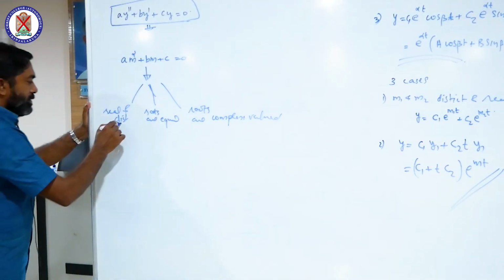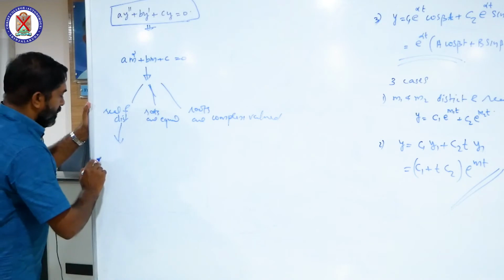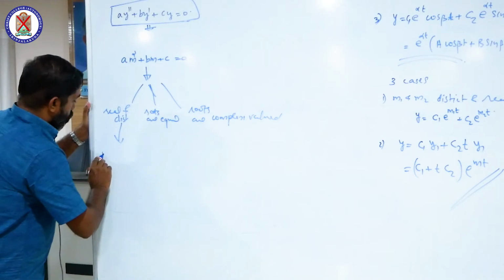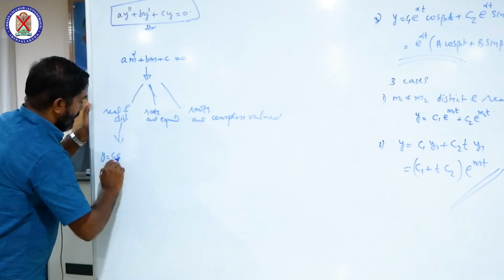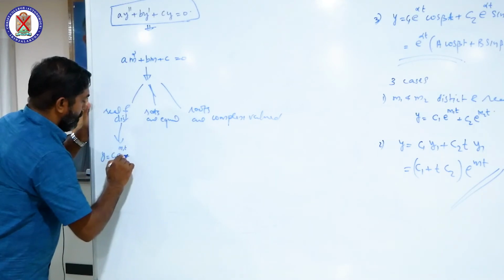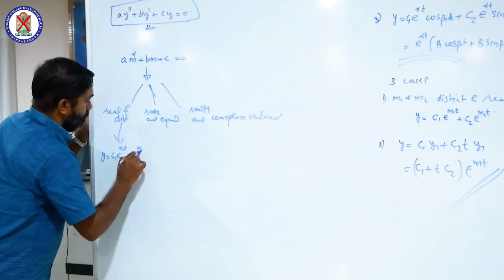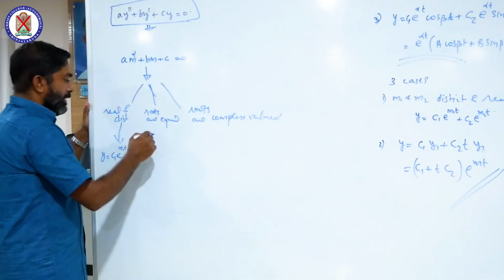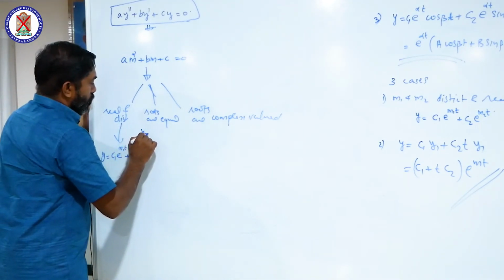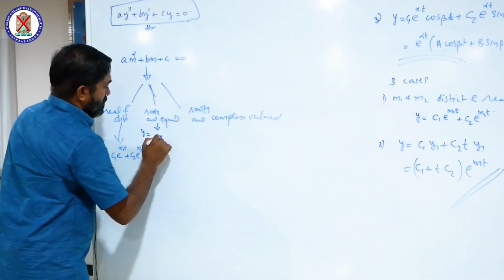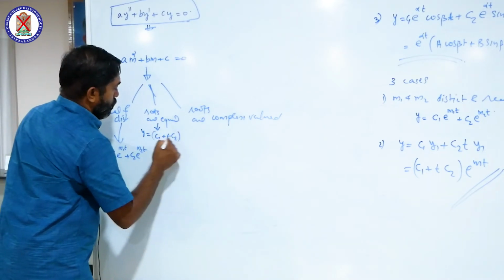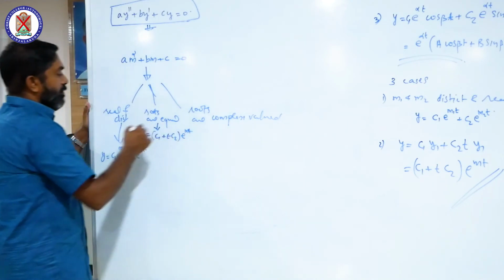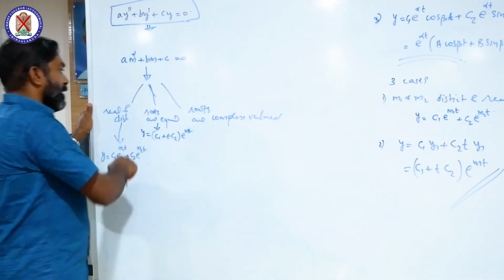Okay, so in the first case, we can consider the general solution as y equals c1 e raised to m1 t plus c2 e raised to m2 t, where m1 and m2 are the roots of the auxiliary equation. In the second case, we can consider y equals (c1 plus t c2) into e raised to m t, where m is the root of the auxiliary equation.